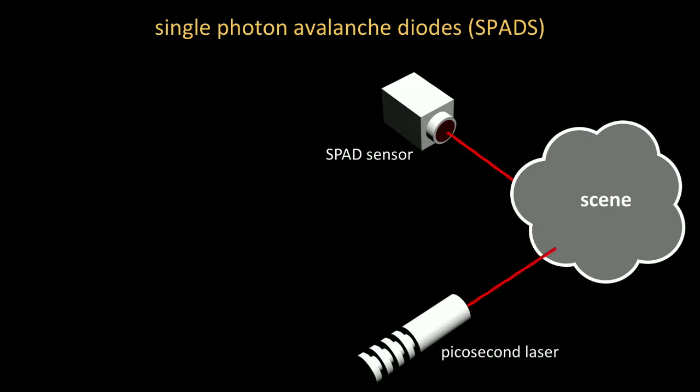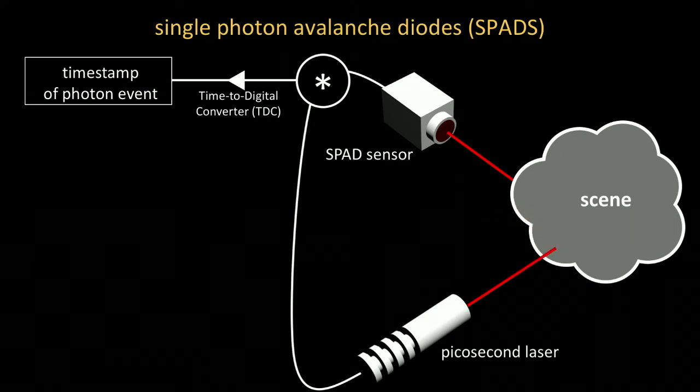When an individual photon hits the sensor, it creates an event. The SPAD sensor is sensitive enough that it can pick up individual photon events, and every time a photon gets picked up, the sensor outputs a timestamp for that photon. That timestamp corresponds to the time it takes for light to travel from your laser through the scene and onto the sensor.